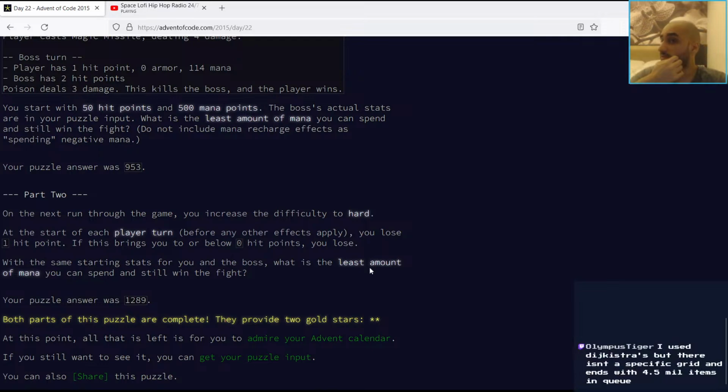I use Dijkstra's, but there isn't a specific grid and it ends with 4.5 mil items in queue. Oh, I don't really... So you're trying to find, what, the least amount of mana to win?